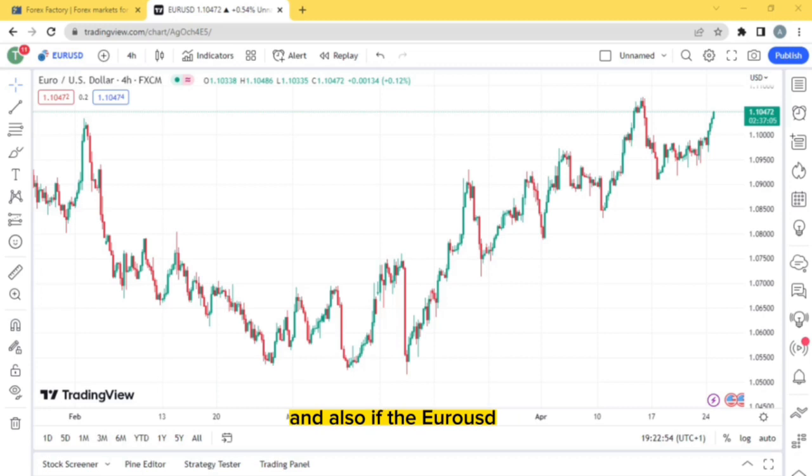And if the EURUSD is in a bearish trend, making lower lows and lower highs, we'll be looking to sell at various levels. But in technical analysis, this is where we'll be spending more time to explain how you can trade the EURUSD.